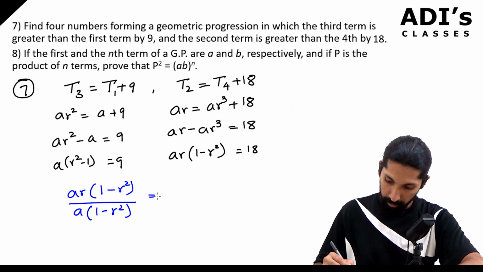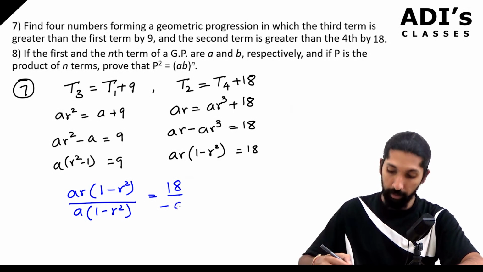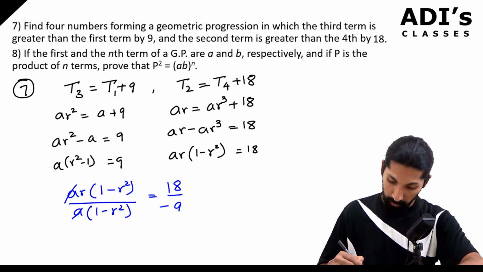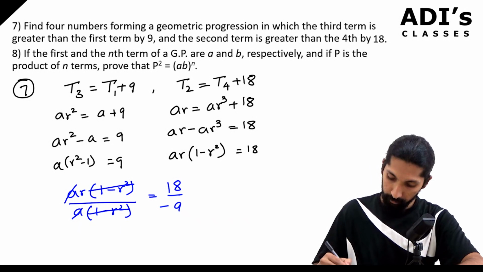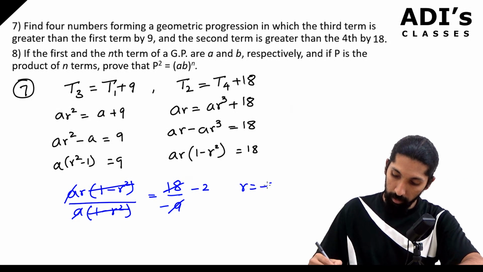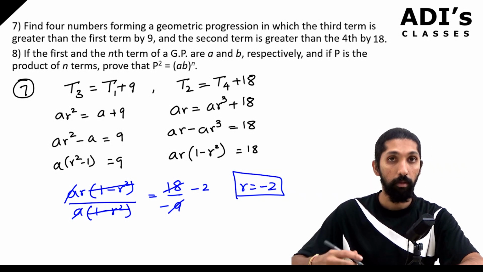That means this becomes 18 divided by negative 9, correct? A and A gets cancelled, this gets cancelled, negative 2. So R value becomes minus 2, isn't it?